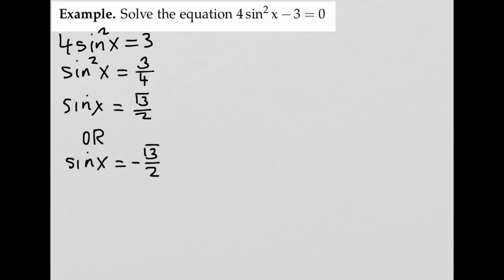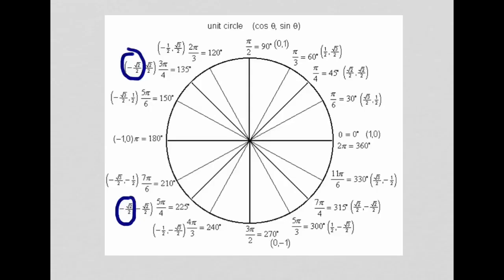Now let's find the angles x for which sine x equals root 3 over 2. In the interval from 0 to 2 pi, there are two angles for which the sine is root 3 over 2. Let's go back here. For which angles is sine x equals root 3 over 2?